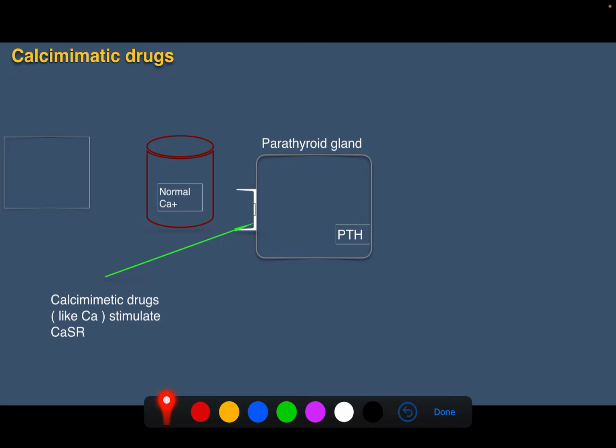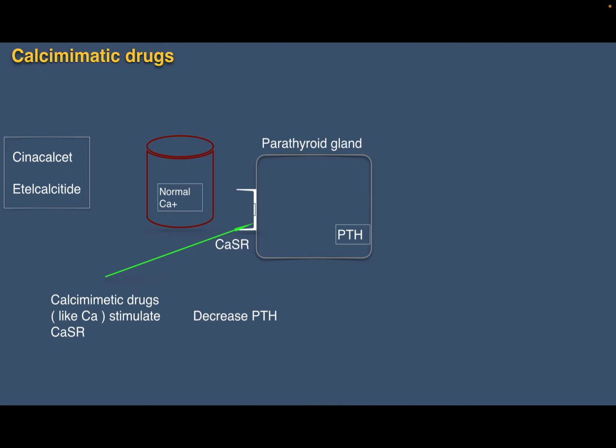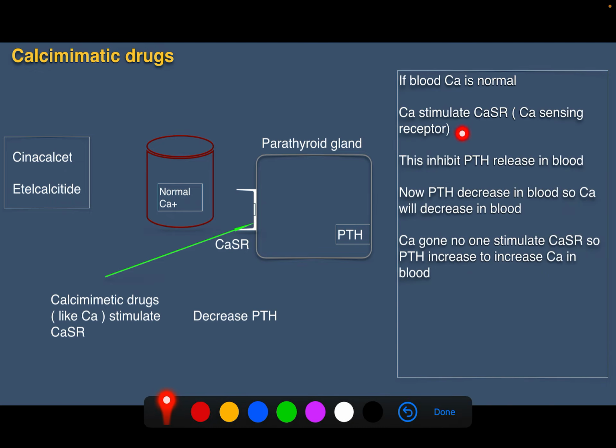So they are calcium-sensing receptor drugs. This was the normal physiology, and the drugs are cinacalcet and etelcalcetide. Here you can see there is calcium in the name, so you can remember the drugs like this. And what they are doing is decreasing the PTH secretion. All that I have explained is written here, so you guys can revise it.